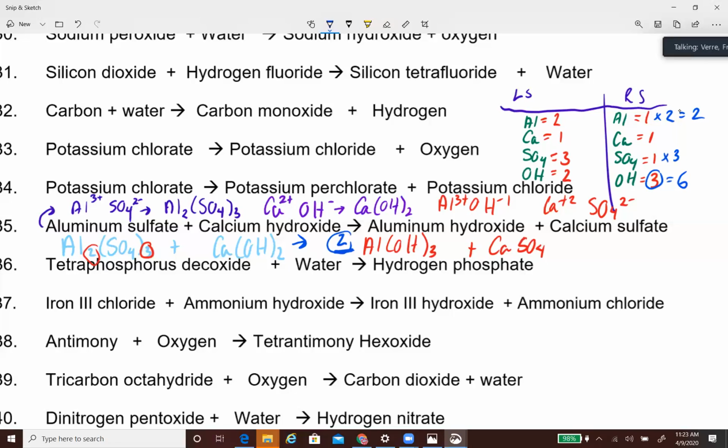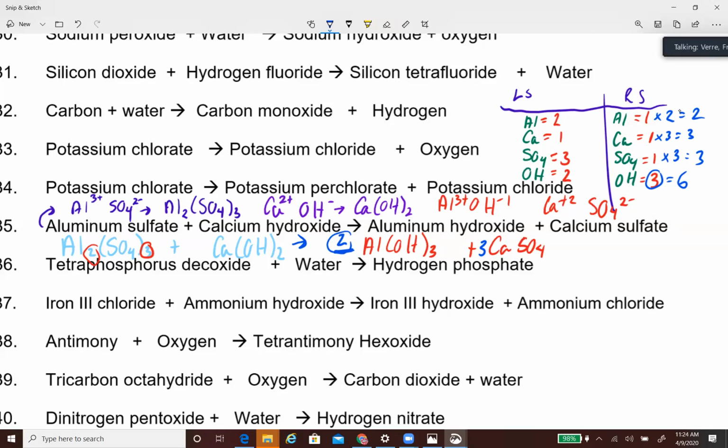So if I put a 3 here, that's going to balance the amount of sulfate, right? Because that's going to give me 3 sulfate on the right. There's 3 times 1 on the right, and there's 3 on the left, and we're good. So sulfate's balanced. Now, if I do that, that changes the amount of calcium. If I put a 3 here on the right, that's going to give me not 1 calcium now, it's going to give me 3 calcium.